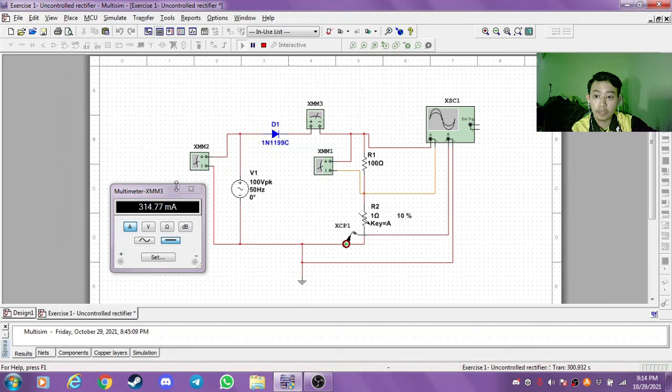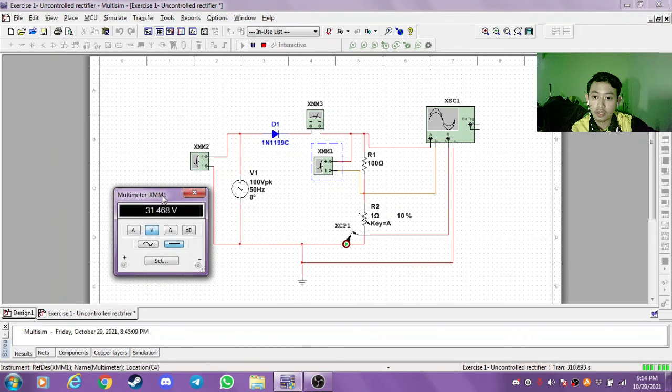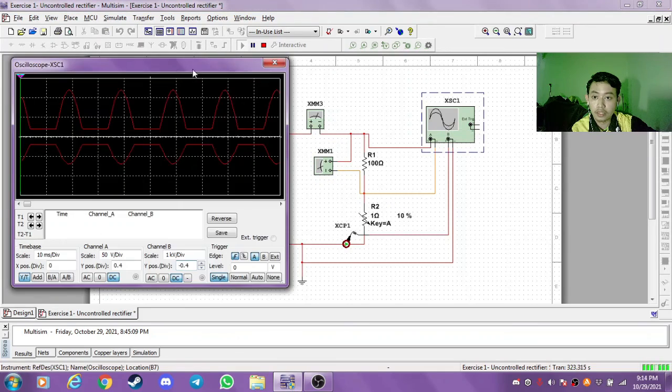Meaning that this multimeter will be set to DC. So this is the value for the output current. Next, this is the value for the output voltage, and see, it's still in DC. And lastly is the Vmax.